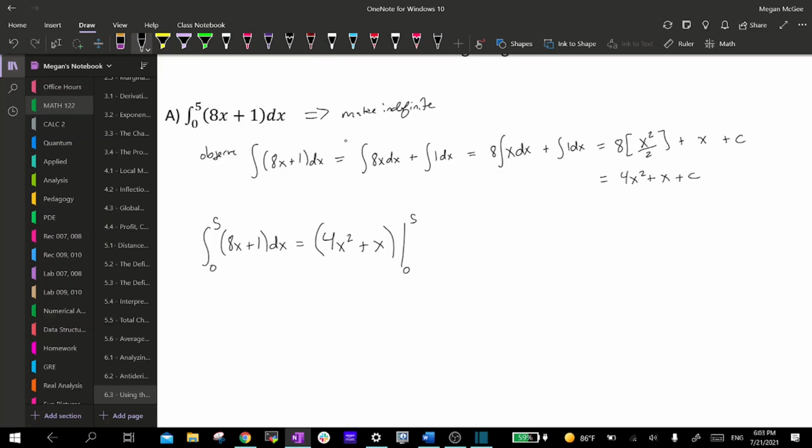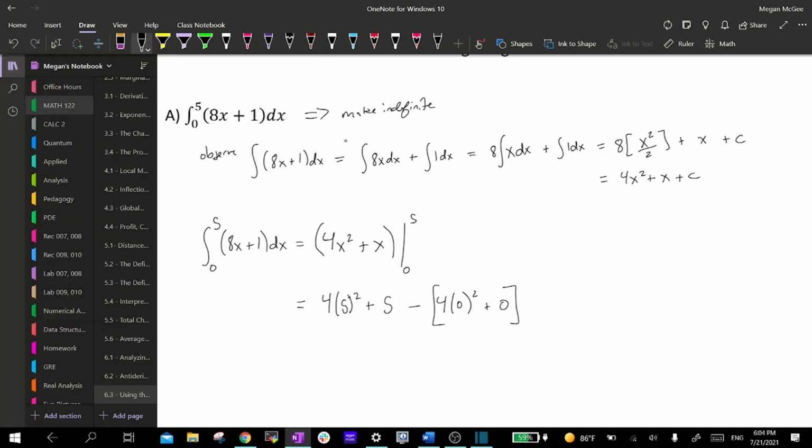So the first thing we want to do is evaluate at 5. So we have 4 times 5 squared plus 5 minus 4 times 0 squared plus 0. And I'm putting those in brackets because that minus has to apply to the whole thing.